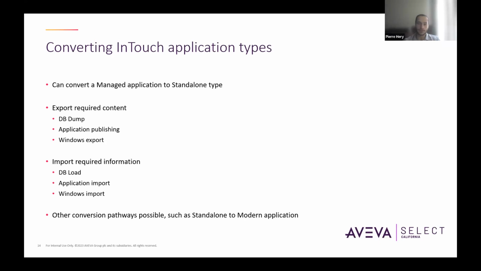Those three steps, db dump, publishing the InTouch application, and exporting the windows, will give you all the required content that you need to then port over to a fully functional standalone application. At that point, you can import all this information into your standalone application via db load, and also import the windows and the published InTouch application. This will convert your application from managed to standalone.